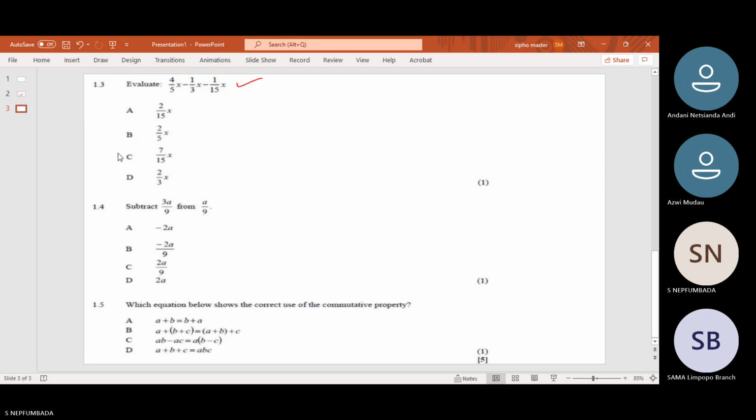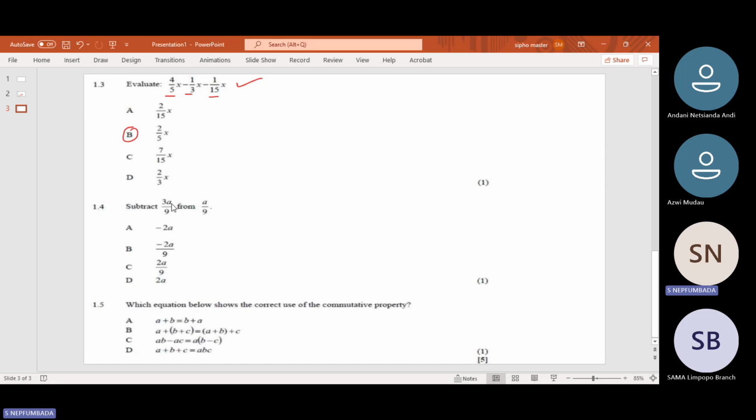Calculate. Do you know what you do? You press 4/5 minus 1/3 minus 1/15 on your calculator, then you write down the solution. You get your solution is what? 2/5. Get B.